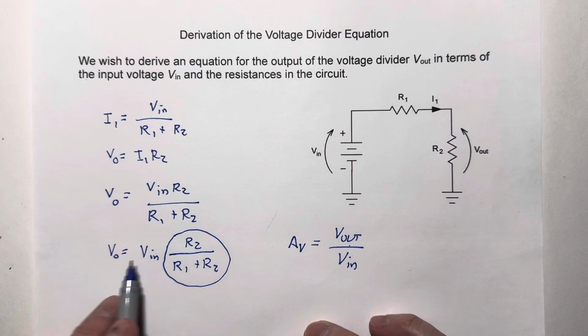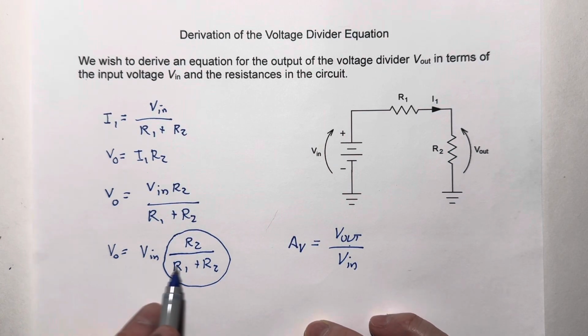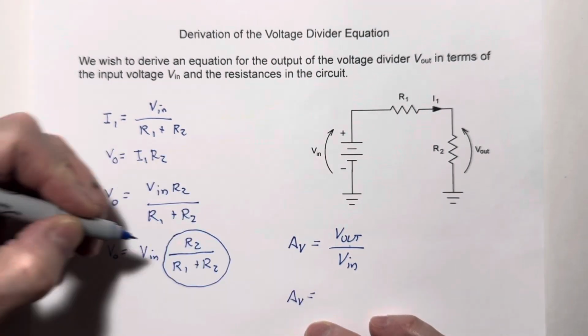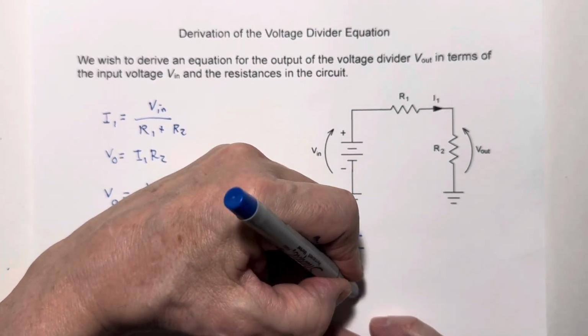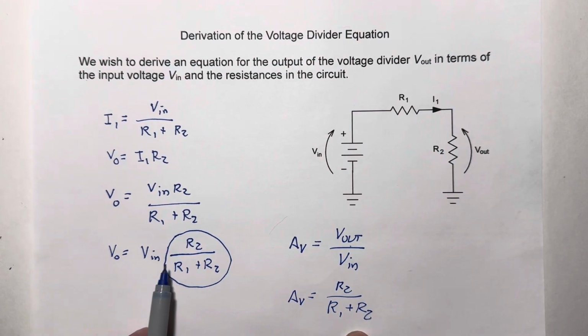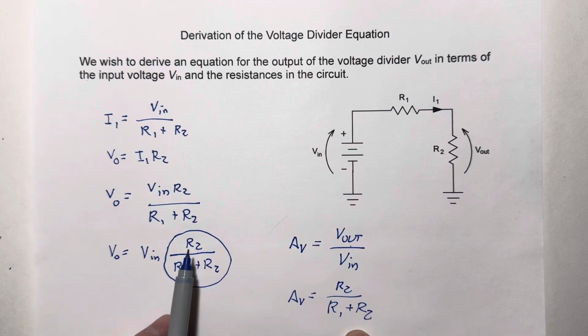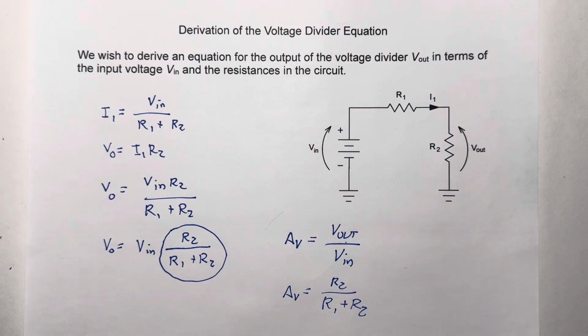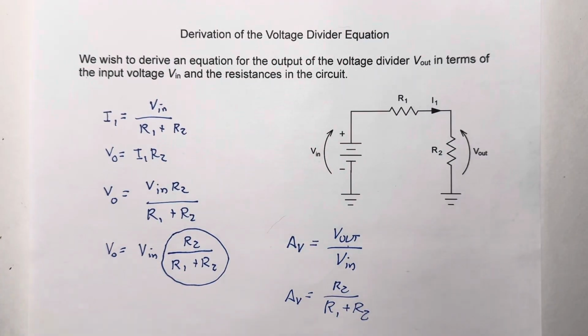In this case, if we divide both sides of this equation by V in, we get voltage gain equals R2 divided by R1 plus R2. So that's why we can think of this fraction as being the gain of the network. It tells us how V out relates to V in, and it's related by this fraction.